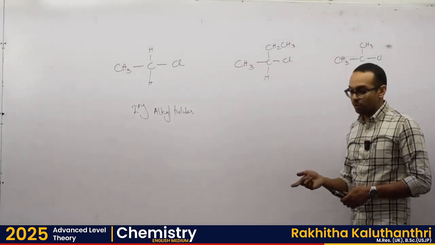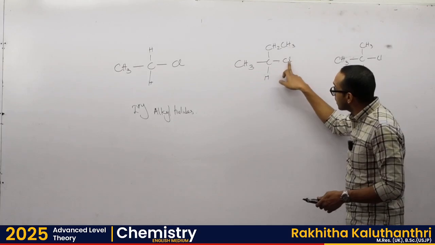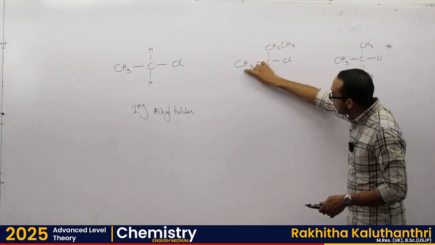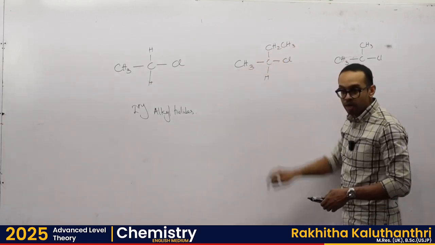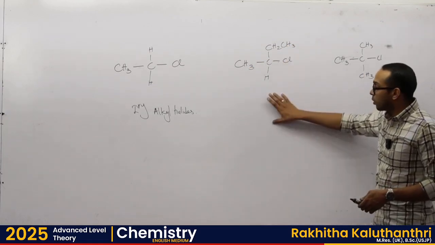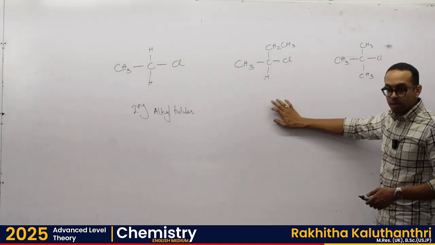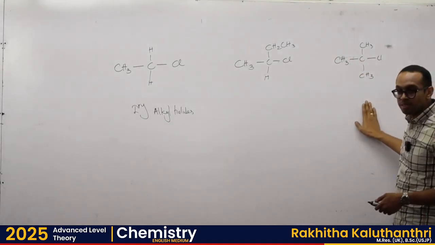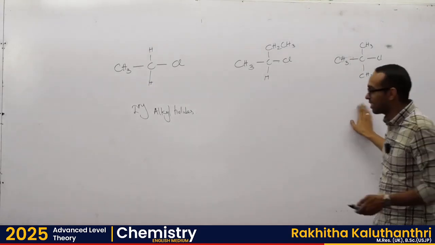Any alkyl group would do. So you can see this carbon bearing the Cl is bonded to two alkyl groups. Is that clear? So these are referred to as secondary alkyl halides. So you can figure out what this is, tertiary alkyl halides.